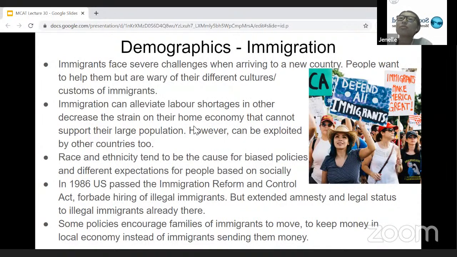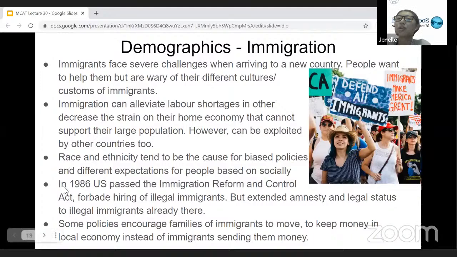But at the same time, immigrants can also be exploited by other countries, depending on how they treat these immigrants when they come to their new country. So that's two sides to that. And also race and ethnicity, like we mentioned before, tend to be a cause for biased policies and different expectations for people based on their social interactions and socially defined laws in a sense.